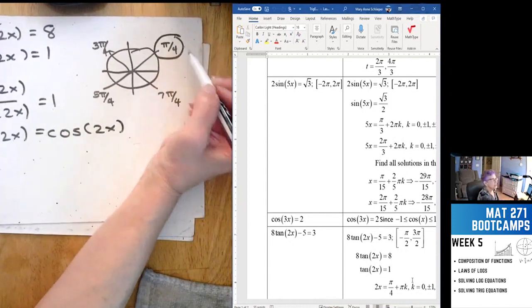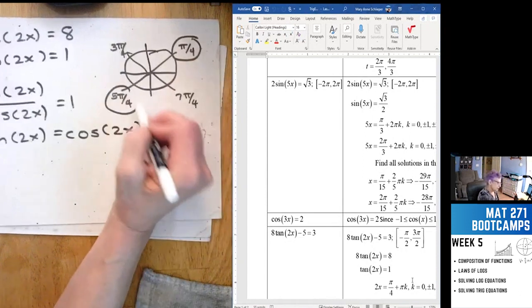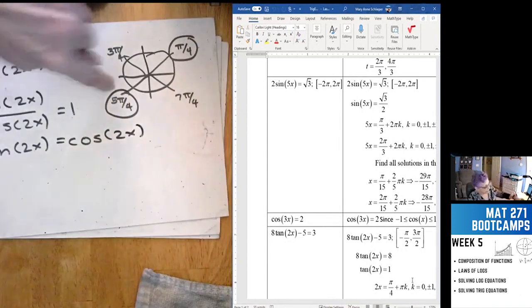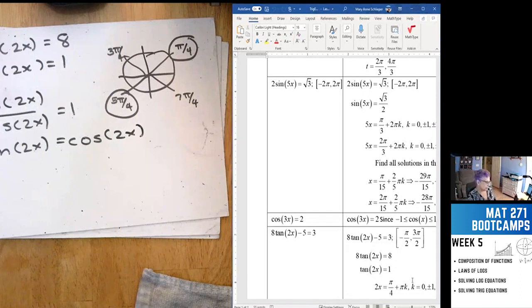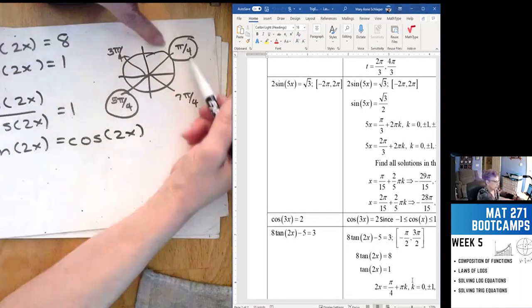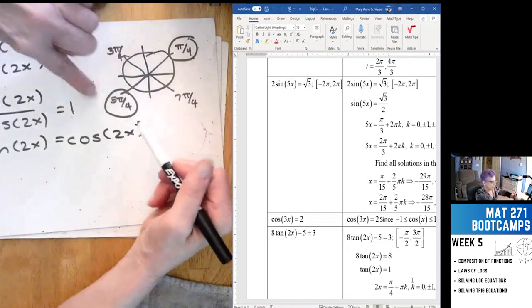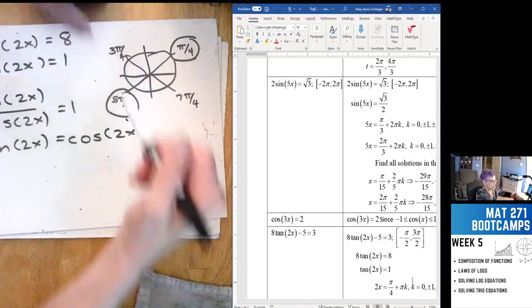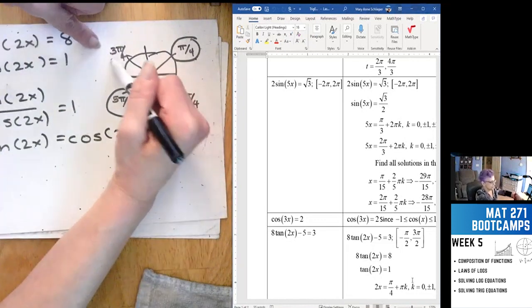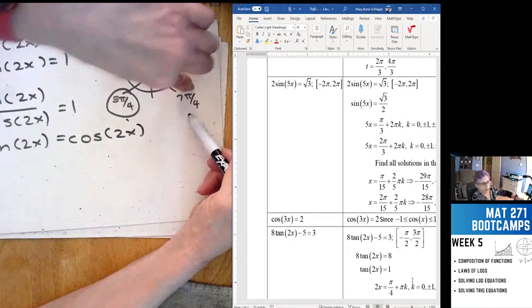They're both positive in quadrant 1. They're both negative in quadrant 3. So tangent is equal to 1, tangent is equal to 1, tangent is -1, tangent is -1.